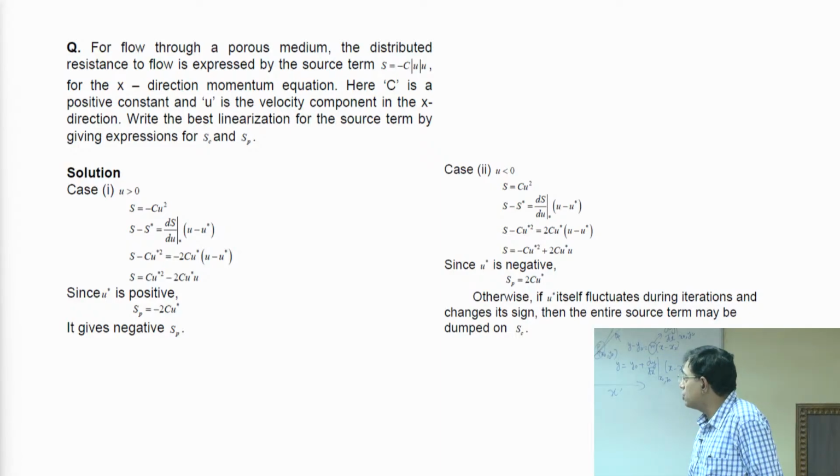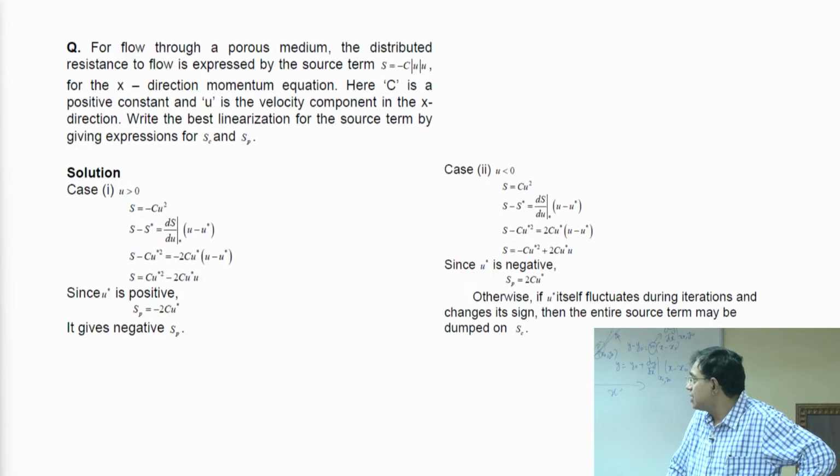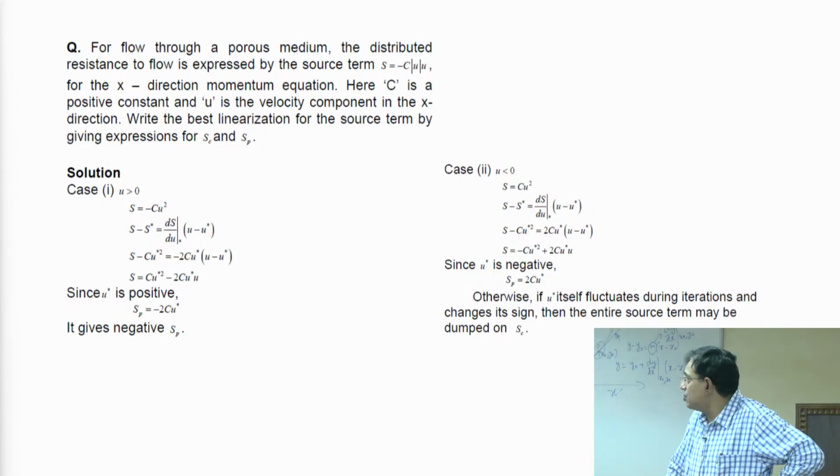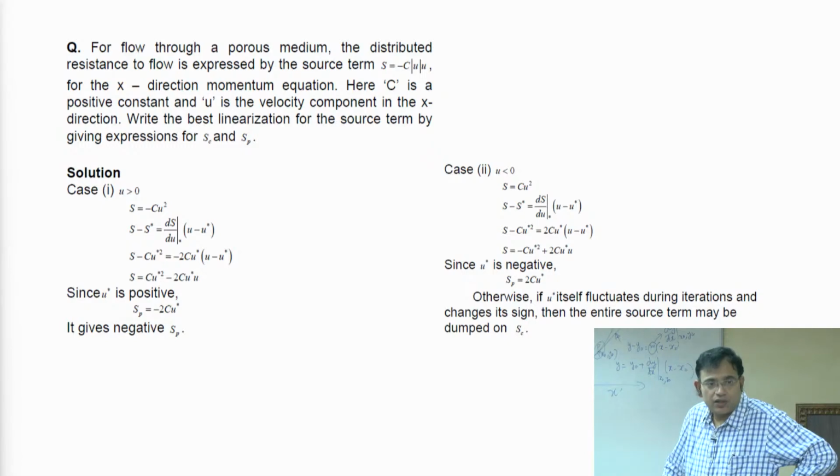But if u is less than 0, then in this source term linearization, because u star is negative, you will have Sp equal to 2C u star, so Sp is also negative. In a way you have checked that both are negative.